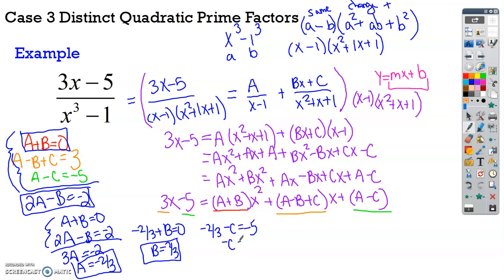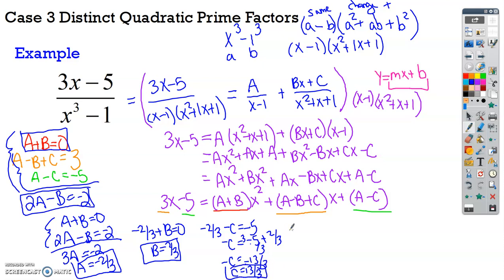So negative c is negative 5 plus 2/3. I'm going to make a common denominator, give that a 3. So that's negative 15 plus 2 is, there we go, negative 15 plus 2 is negative 13/3. So c is positive 13/3.